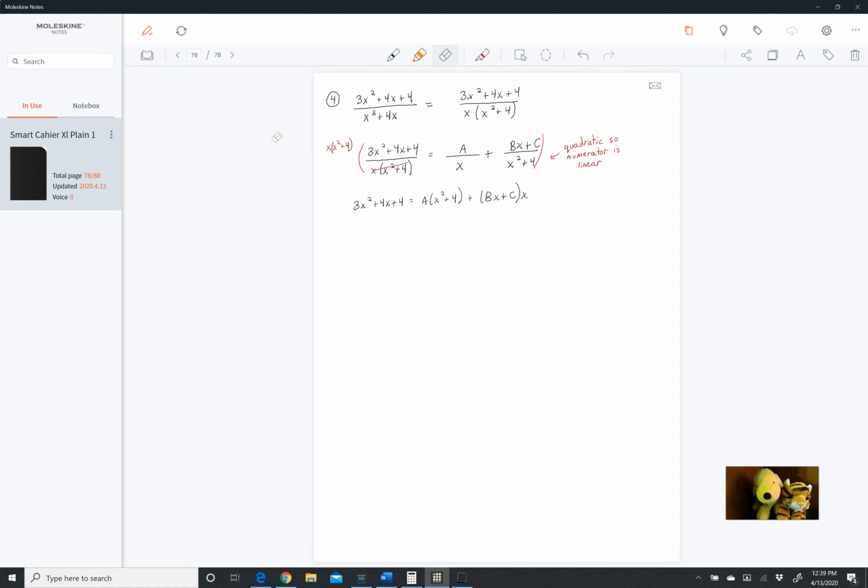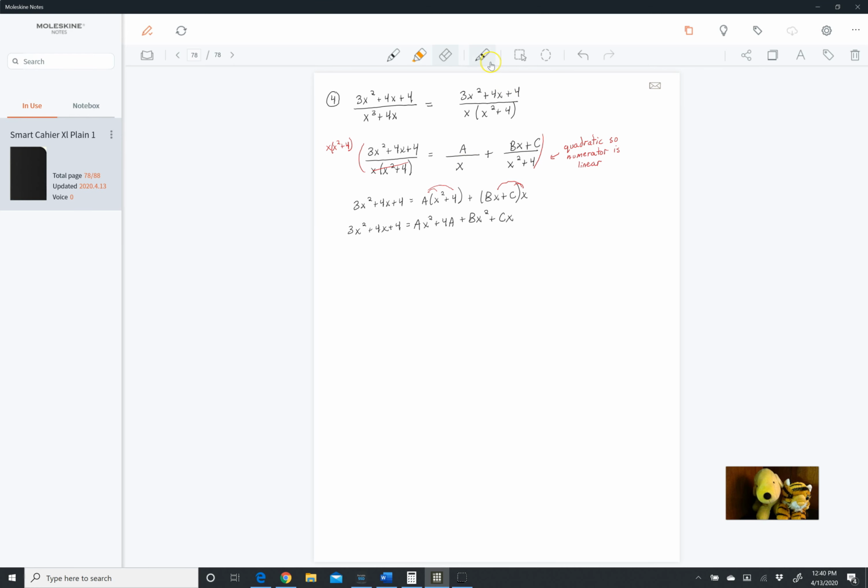So we're going to distribute. So we distribute the x, and we distribute the a, and fortunately we're not multiplying any quadratics, so this is an easy distribution. So now we have 3x squared plus 4x plus 4 is equal to ax squared plus 4a plus bx squared plus cx.